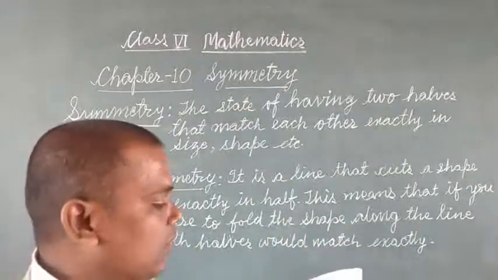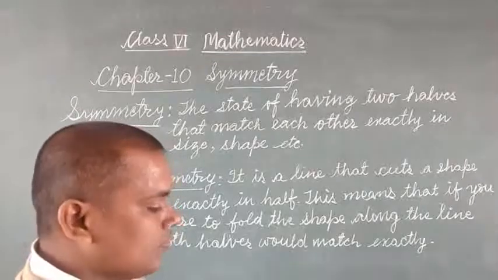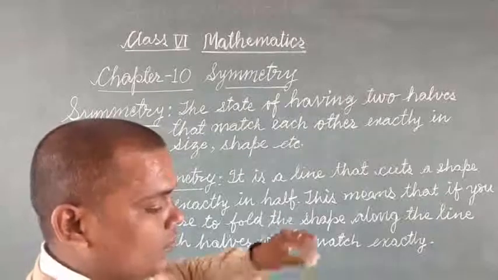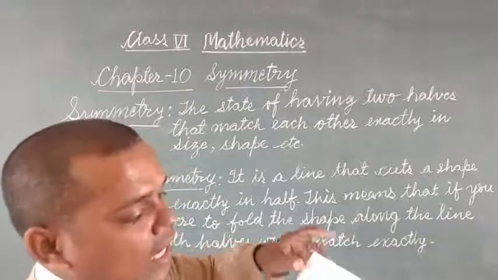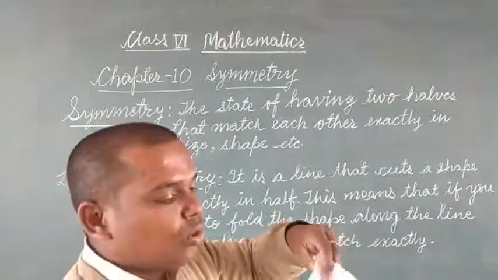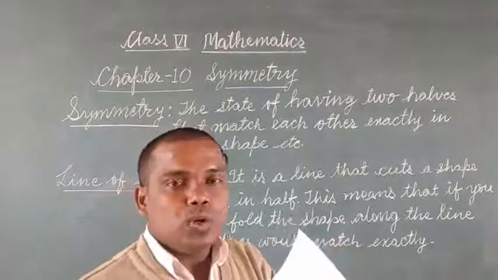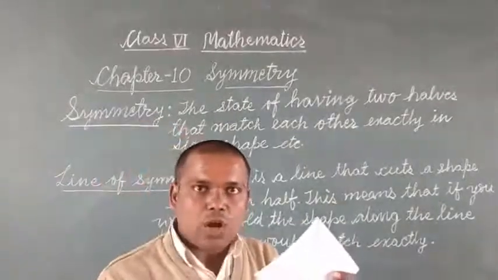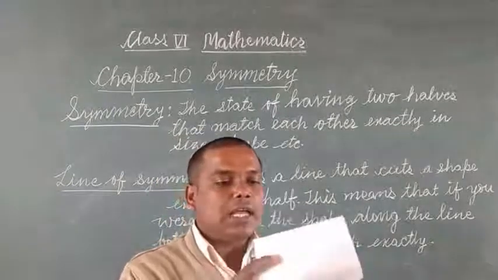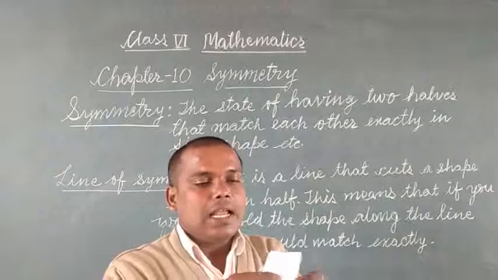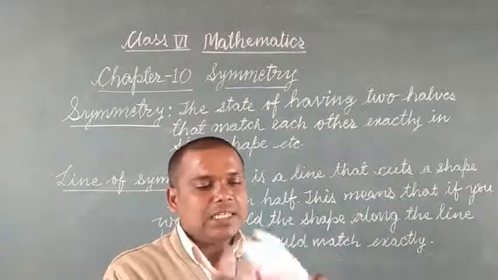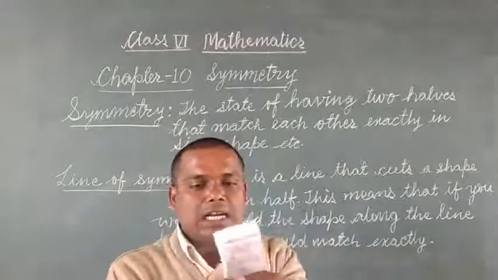Now along this diagonal also I am going to fold it, exactly matching the halves. So there are two lines of symmetry along the diagonals of the square. Now I am going to fold along the side, in between. See, one more we are seeing, this part and this part exactly matching.